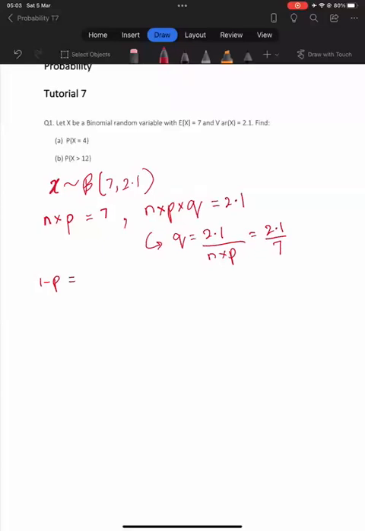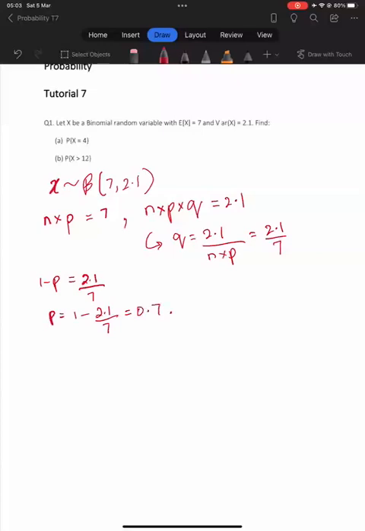So if the probability of success is p, then the probability of failure is 1 minus p. So it's 1 minus 2.1 over 7. This comes out to be 0.7. This is our probability of success.